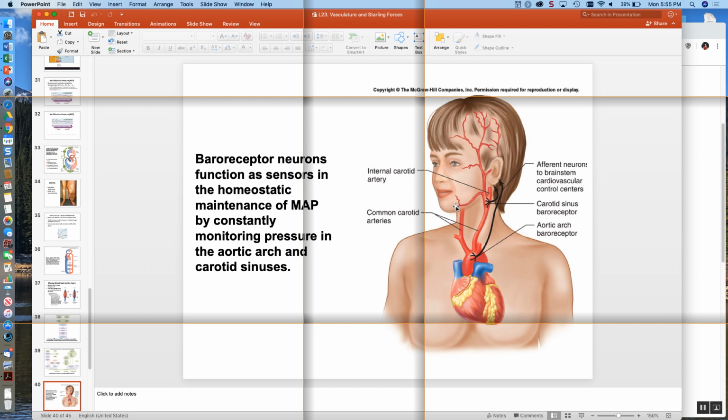What does that do? Increase heart rate, increase stroke volume, increase cardiac output to try to get your mean arterial pressure back up to normal because you're losing blood. Again, it was a good observation when we talked about it in class today. The trouble with that is you can bleed out faster, right?